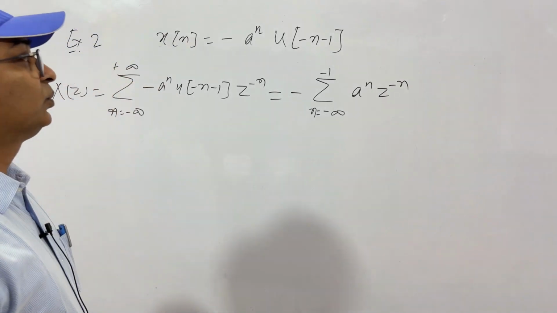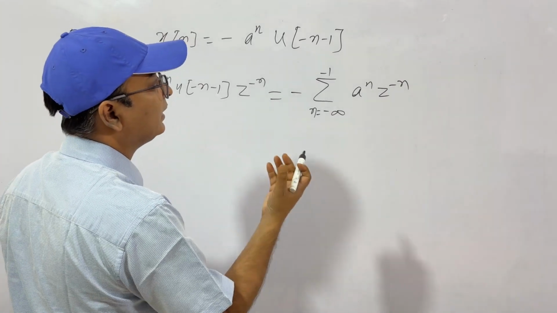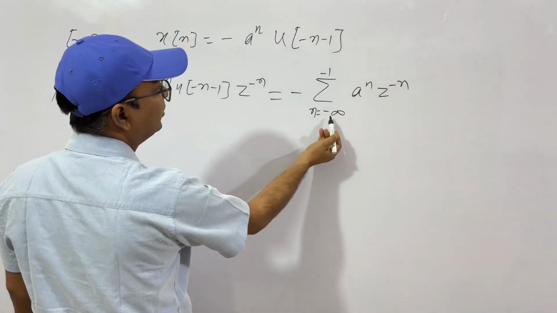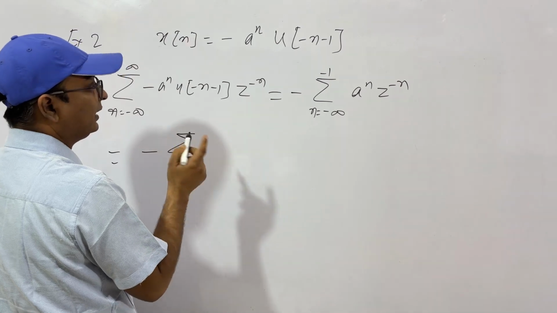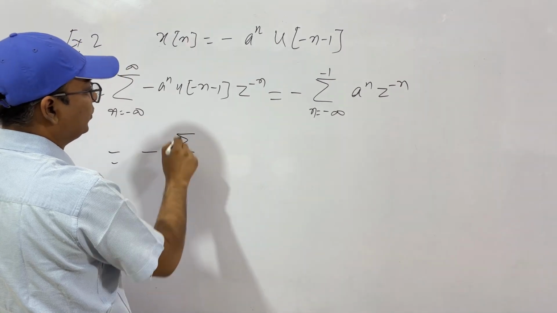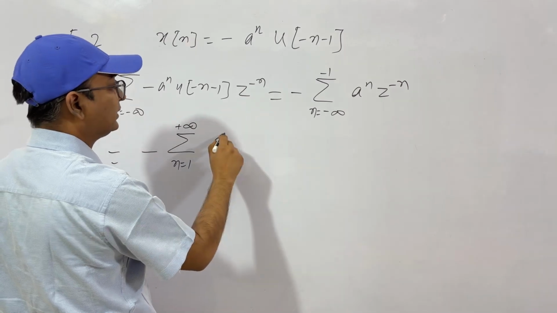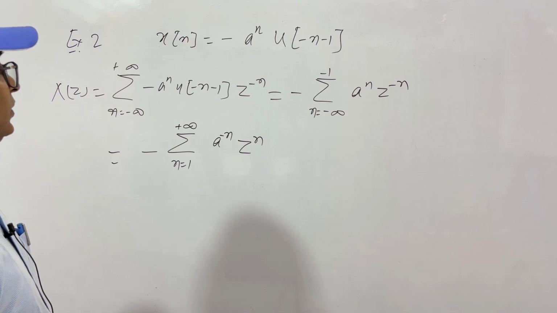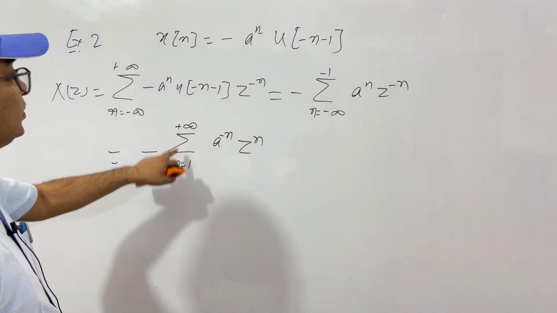Okay, so how to solve this? See how we solve this. Let's put n equal to minus n, then the limits will be 1 to infinity. We have taken n as minus n, so n will be from 1 to plus infinity, and here this will get reversed: a^(-n) z^n. So this is what we get. Now still we can't solve it. We need to have a progression from n equal to 0 to infinity.